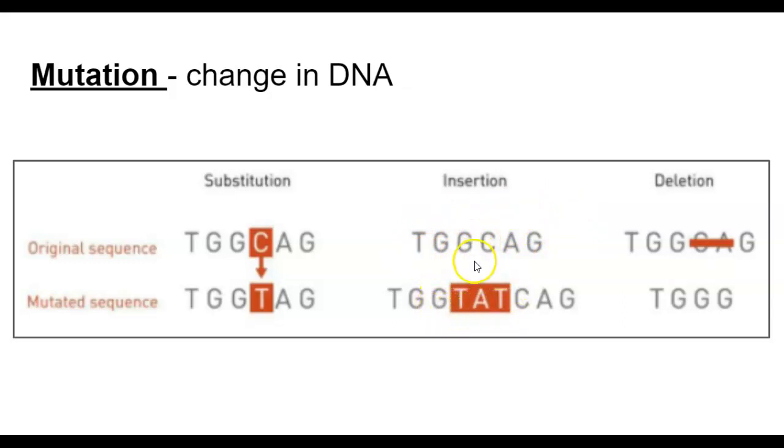On accident, they inserted it in the middle there, and it's not supposed to be there. And then sometimes we get letters that are deleted on accident. Think about typing a document. All of these things can happen. You can accidentally type an extra letter in a word. You can accidentally miss a letter in a word or delete a letter, or you could switch what letter you're supposed to be using.